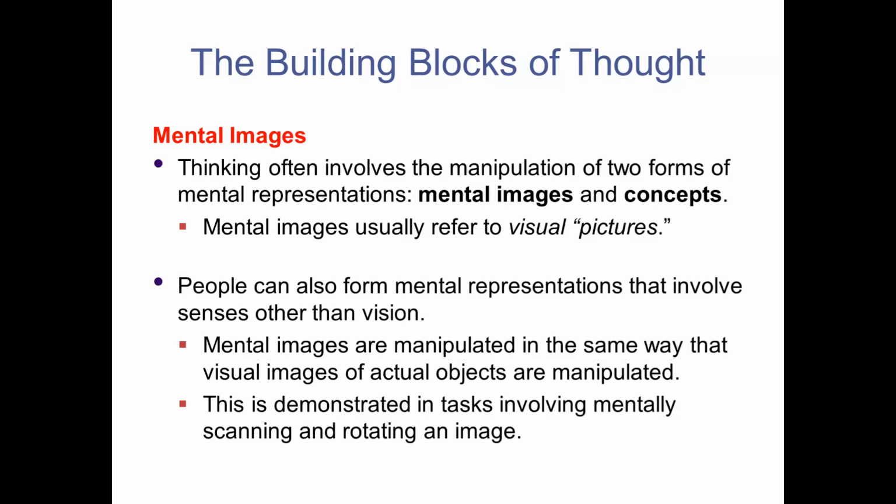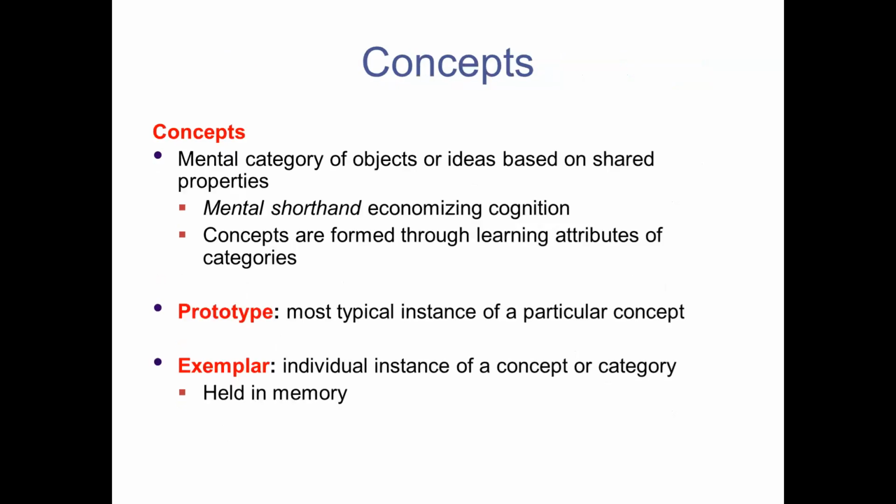I can rotate that image in my mind, or I can look at it from behind. I can see its tail, and so on. Once you bring up a mental image, you can rotate it and scan it in any way whatsoever in your imagination.